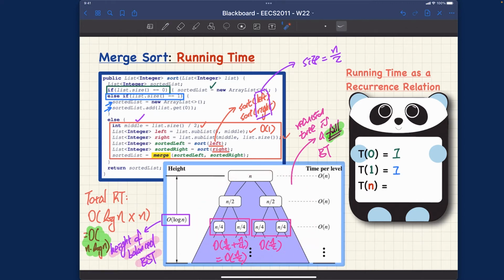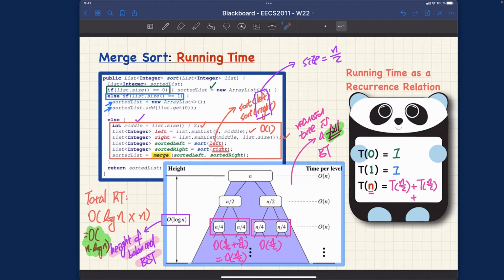How many times are we doing the recursion? We do the recursive call on the left and on the right. Each one is given a list of size n over 2. So we have T of n over 2 for the left, plus T of n over 2 for the right, plus these initial 3 steps, which are simply big O of 1.